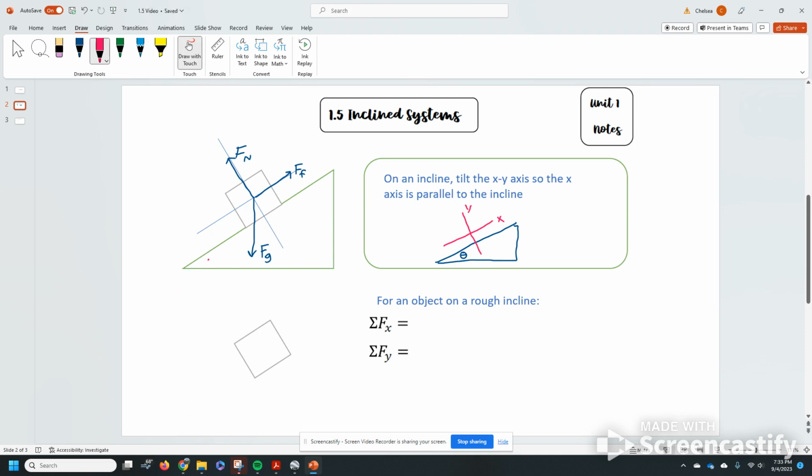So let's say our incline is at some angle theta. Through the magic of trigonometry, this angle here between the y-axis and the weight is also theta. So this angle right here. So the weight will have a component that is down the negative y-axis and a component that is down the negative x-axis as well. It's going to get a little bit messy here.